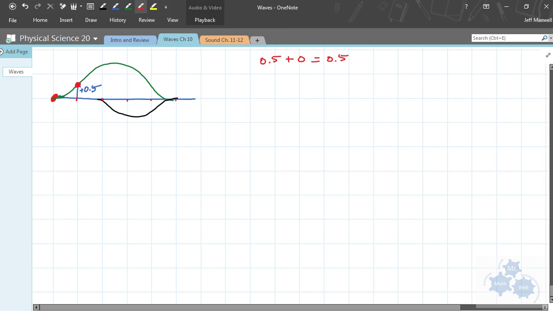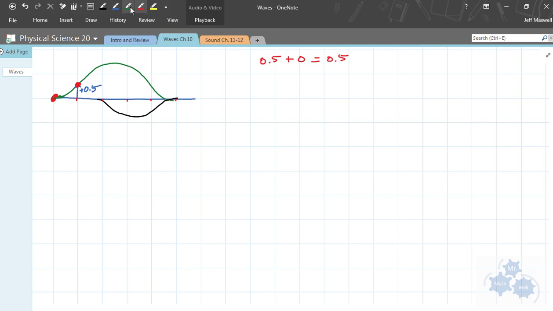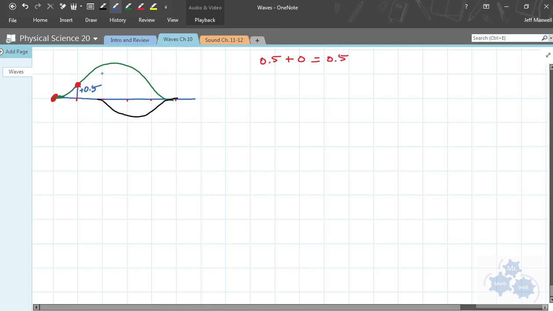Over here now, we have about 1.3 for the green wave, and the black wave here is just starting to launch off 0. So we're going to add, let's say, negative 0.1. Let's just say that that's maybe the size of this wave at this point.